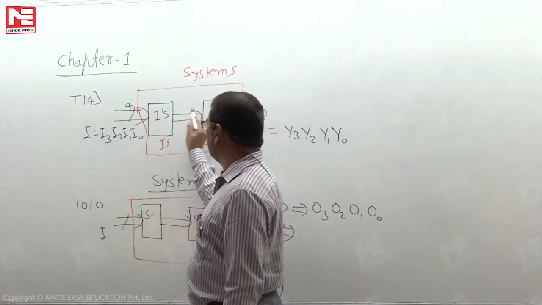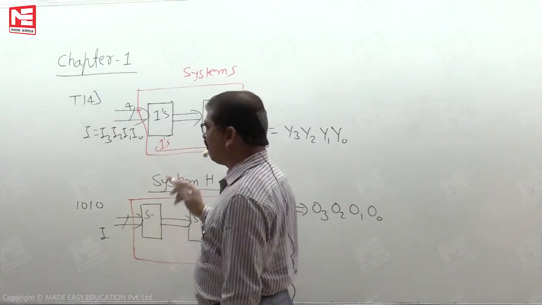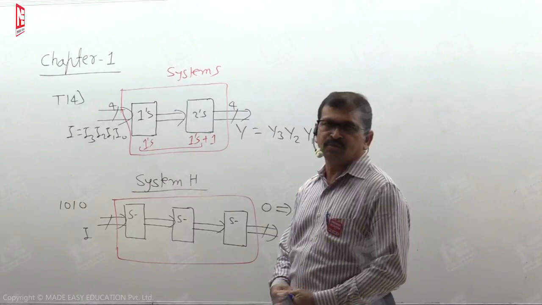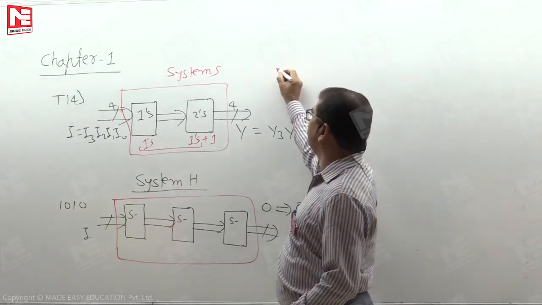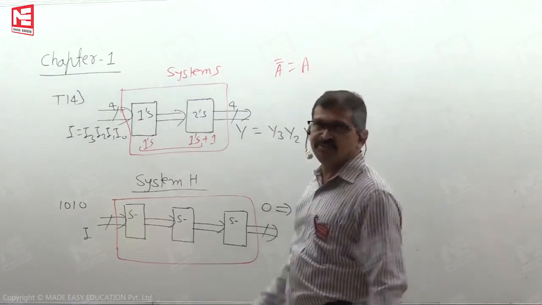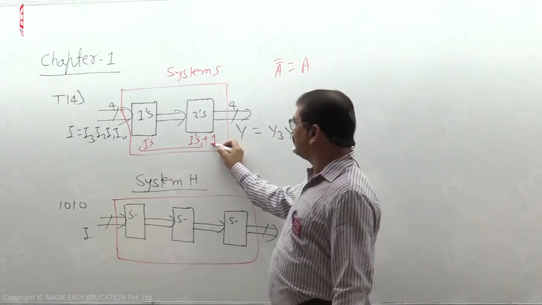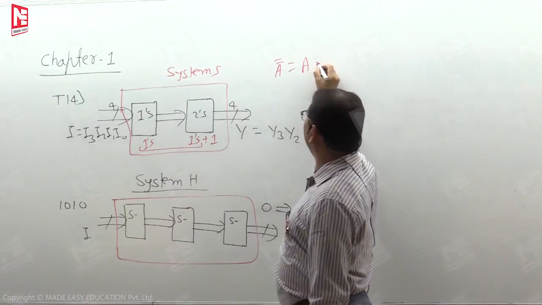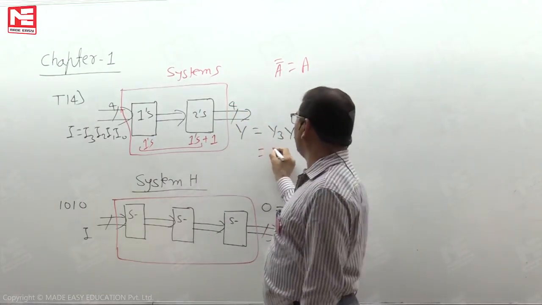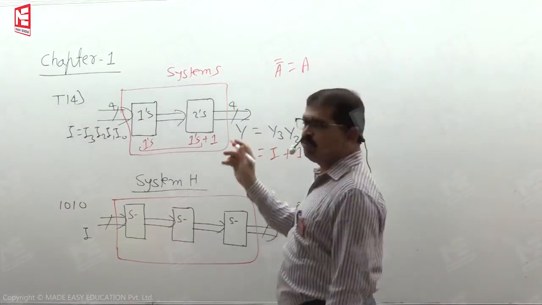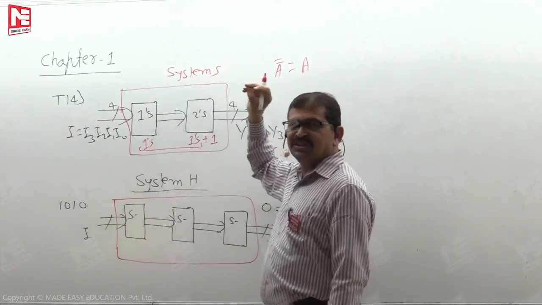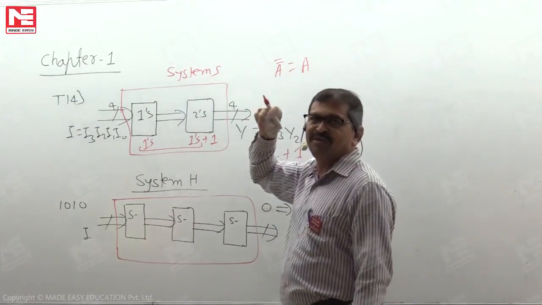So all together in this block we are having the ones complement operation 2 times on the given number. Given number A, 2 times, results in the same A, and of course this is plus 1. Hence effectively its output is nothing but input plus 1. The operation of the S system is just adding 1 to the given input number.